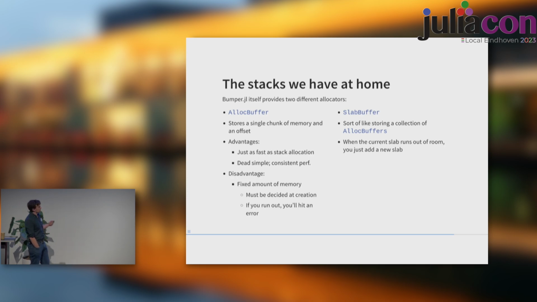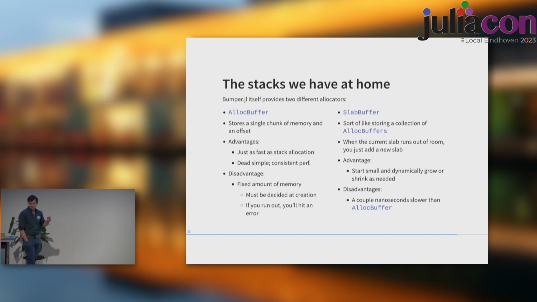And that's why we saw in the previous slide, some of the later benchmark runs were getting less consistent for Bumper because it was running into these custom slabs. The advantage of this is that you can start small and dynamically grow your buffer. And the disadvantage is that it's typically, at least on my machine, a couple nanoseconds slower in the best of cases than the alloc buffers.